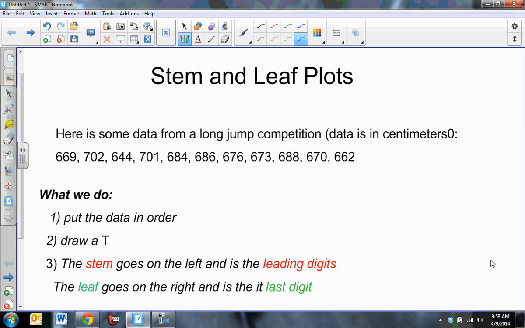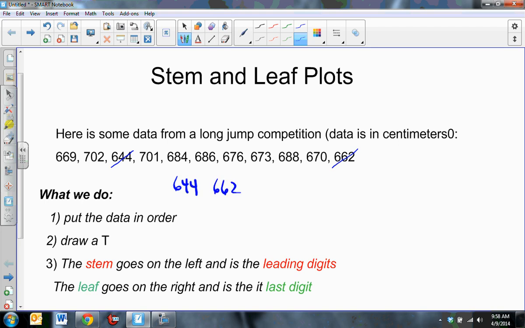Okay, so we want to put this data in order first. So I'm going to try to identify the smallest number here. It looks like it's the 644, so I'm just going to cross that off and write it over here. So that's my first number, 644. Then I don't see anything in the 650s, so go to the 660s, and I see 662 over here. So cross that off and write it, 662.